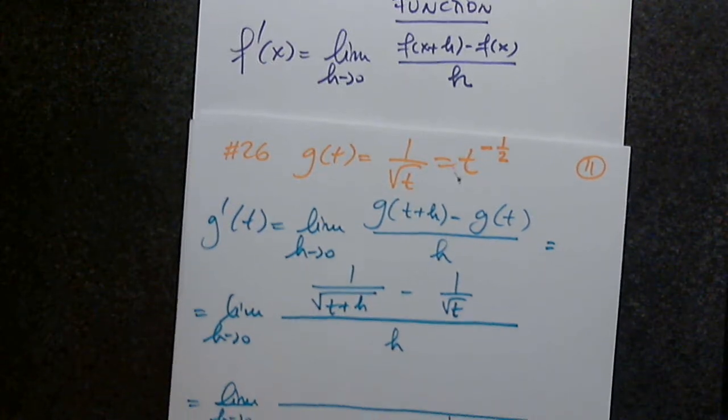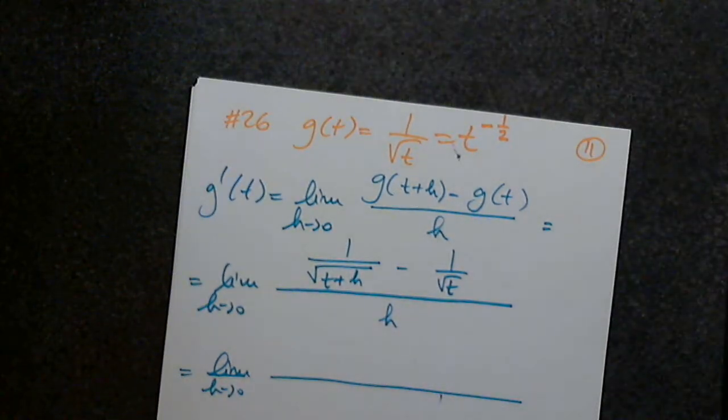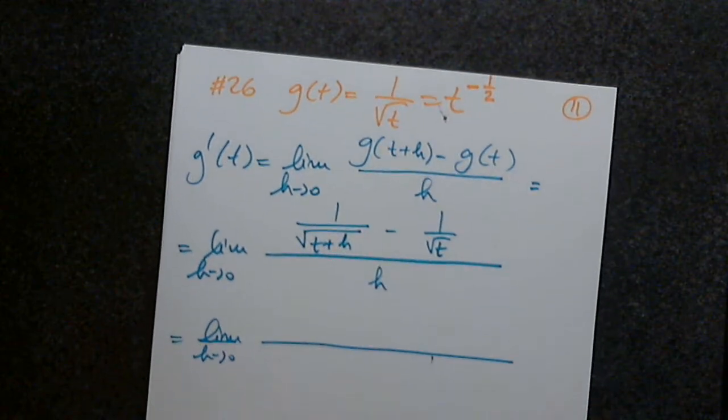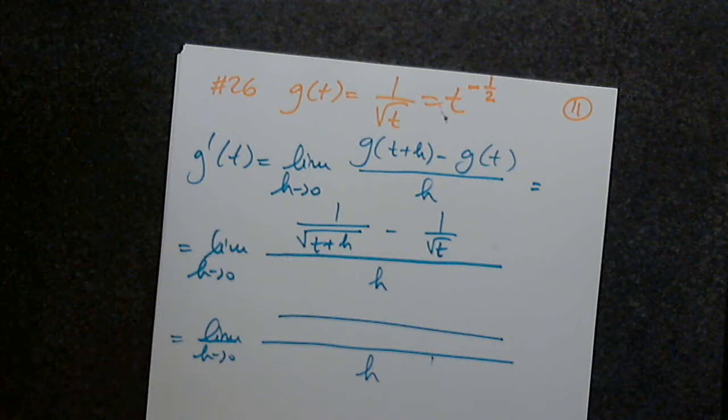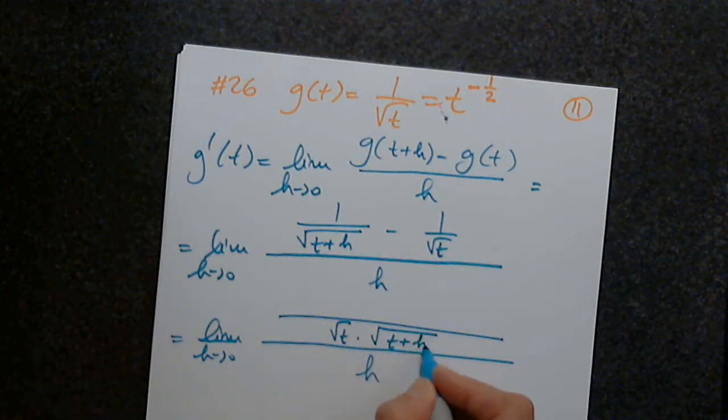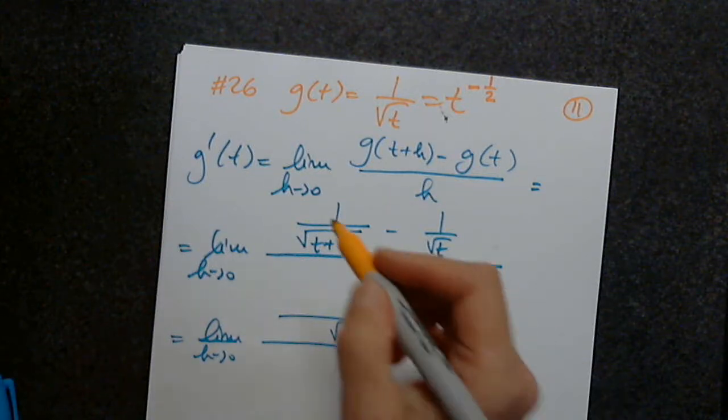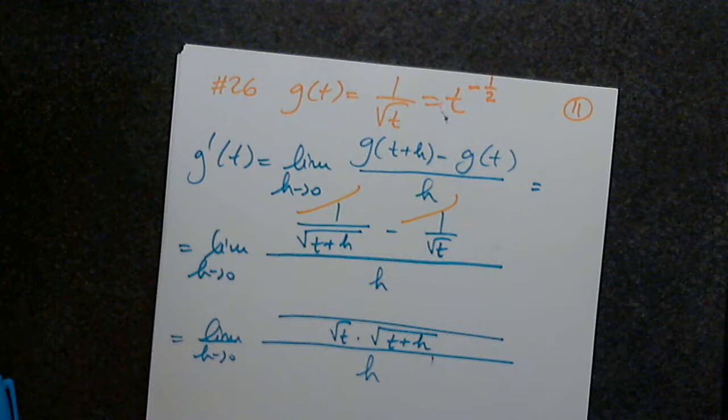So again, you're going to give me what for the top? We are subtracting fractions. So you're going to say the square root of t times the square root of t plus h. Agreed? Good. Then you're going to give me the appropriate adjustments for the top.